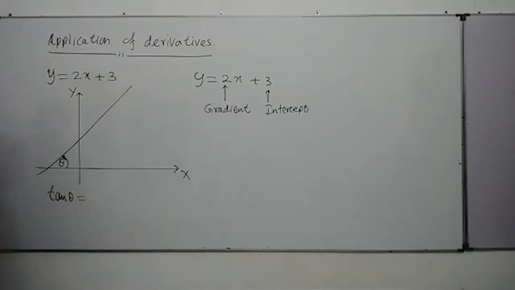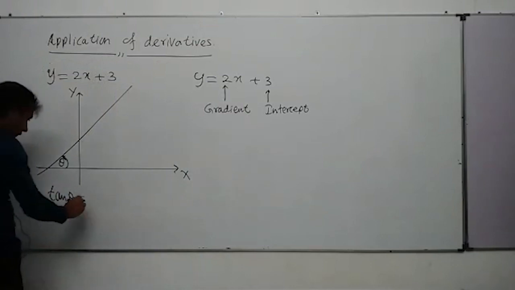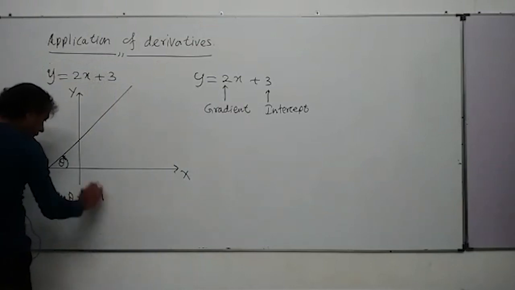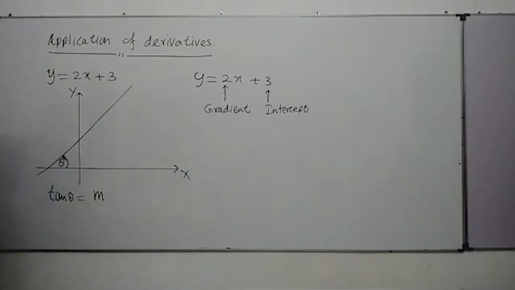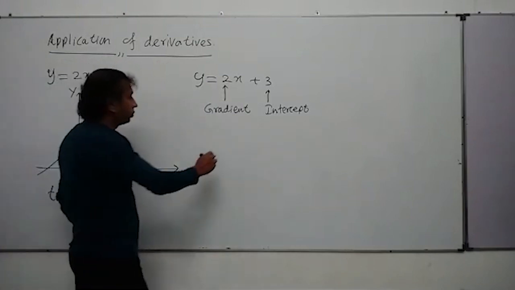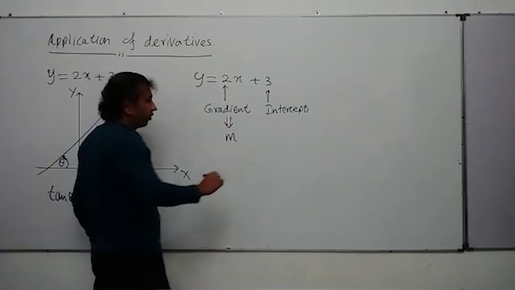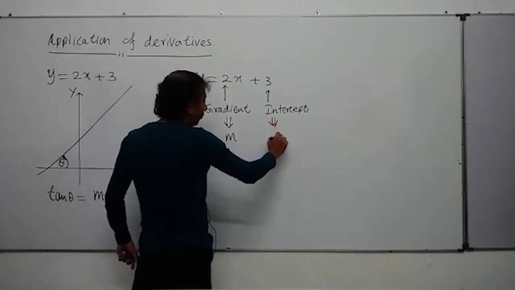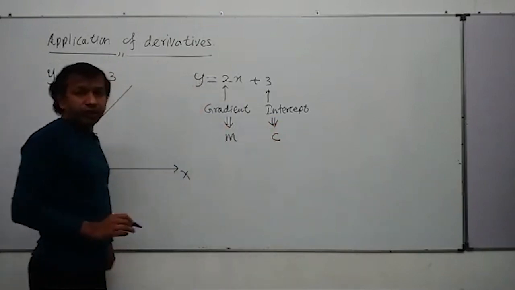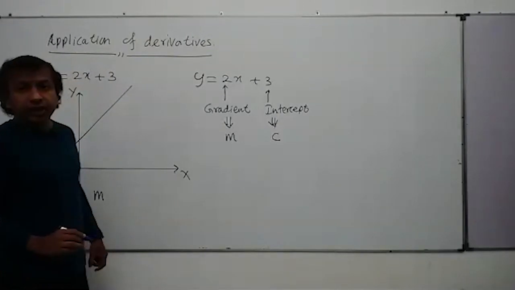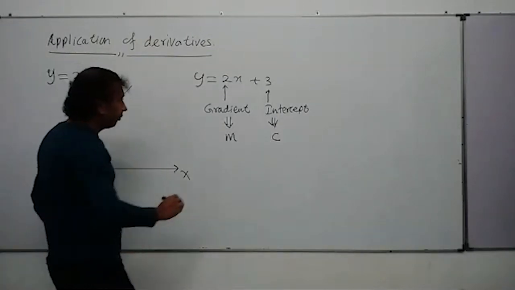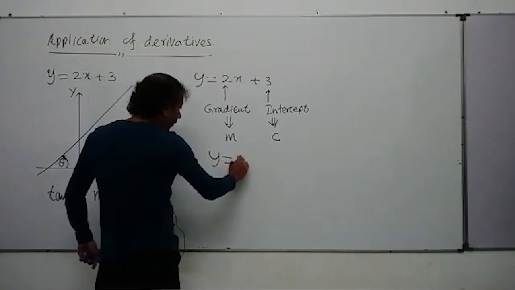For this angle we can find the tan value, tan theta. This tan theta is the way of defining the gradient. To denote the gradient we usually use the letter m, and for the intercept, c. That is how we get our standard equation of the straight line: y equals mx plus c.